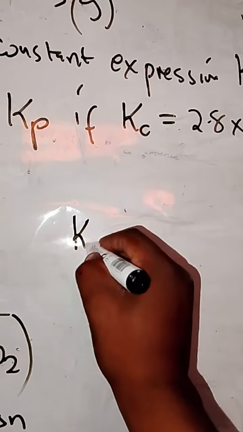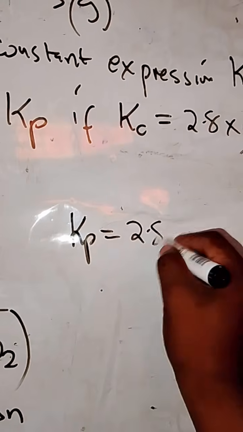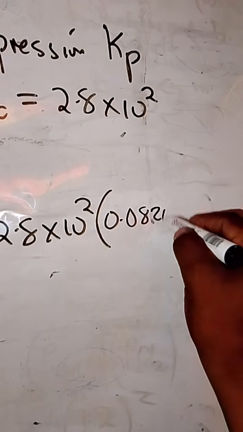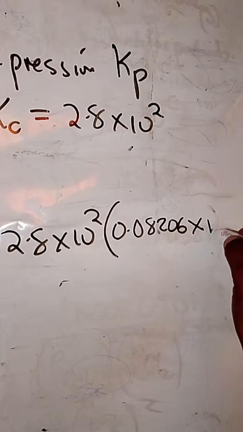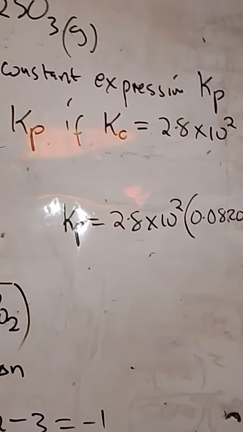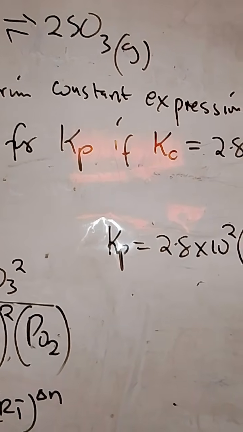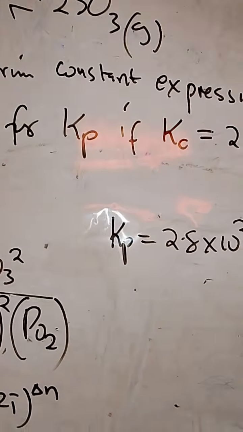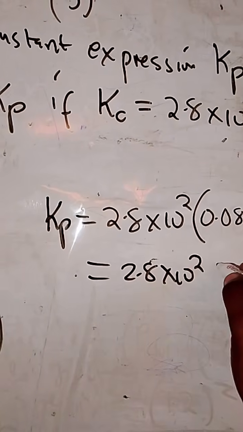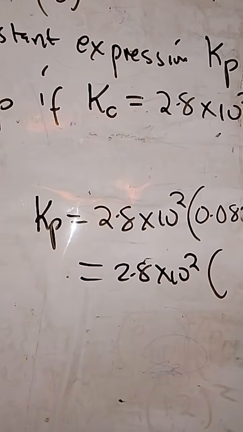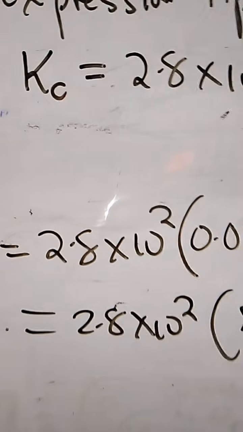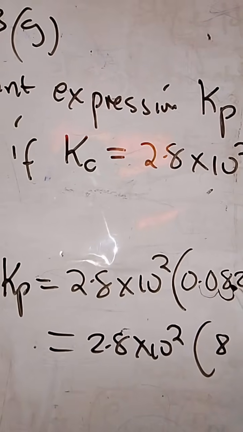Then now we substitute. So Kp is equal to Kc, 2.8 times 10 to the power 2, times R, which we know is 0.08206, times T, 1000 K, to the power negative 1. Then you multiply 0.08206 by 1000, and it will give you 82.06, moving 3 decimals, 1 2 3.